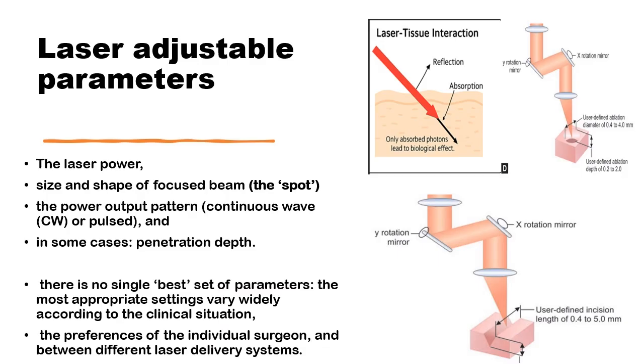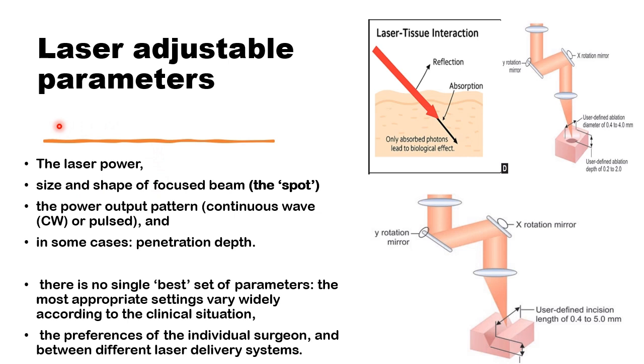So that's one aspect of the laser energy, the wavelength, and this cannot be adjusted. You can only choose between different types and select the most appropriate for the job. But there are other parameters that can be adjusted, such as the laser power.